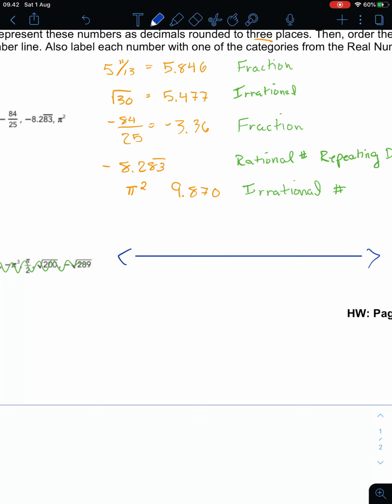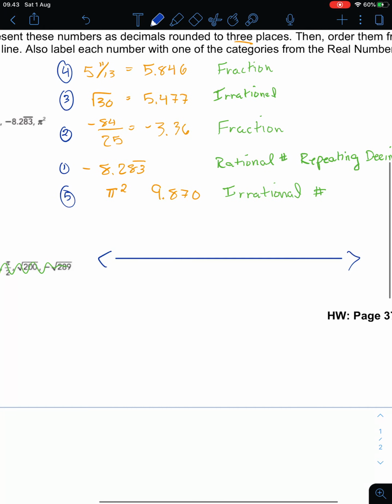So I'm just gonna go from lowest to highest. So looks like negative 8.283 is the lowest. Negative 3.36 is the second lowest. And then, all right, now I gotta decide between these two. And 5.477 is just barely lower than 5.846. And then pi squared is the biggest.